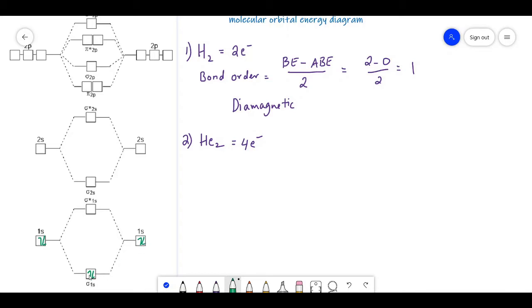Now if you calculate bond order, it is bonding electrons minus anti-bonding electrons, by 2. Bonding electrons are 2 and anti-bonding electrons are also 2, so 0 by 2 is equal to 0. So there is no bond present in the He2 molecule, and there are no unpaired electrons, so this is also diamagnetic.